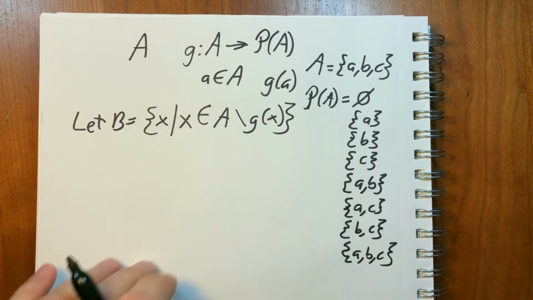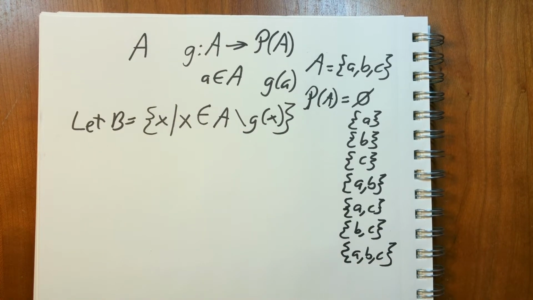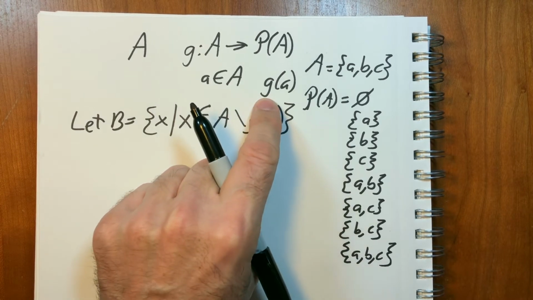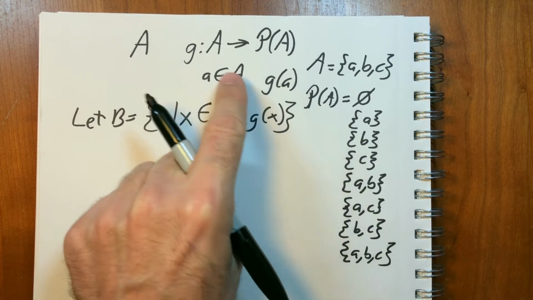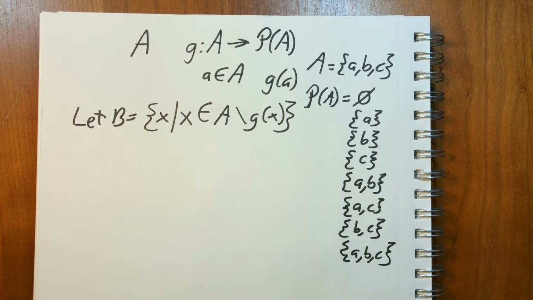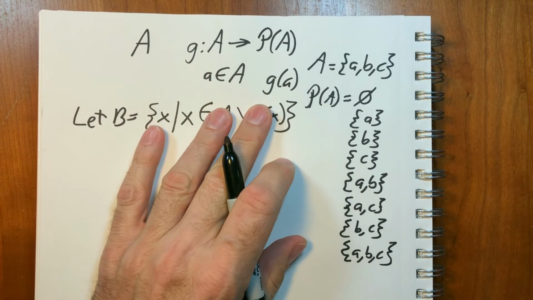The left side is the domain and the right side is the image. So G of A doesn't mean take A, do something to it, and then return something else. G of A is simply a label that we have put on a certain element in the range of this function. That label has already been assigned. It just refers to a particular element.